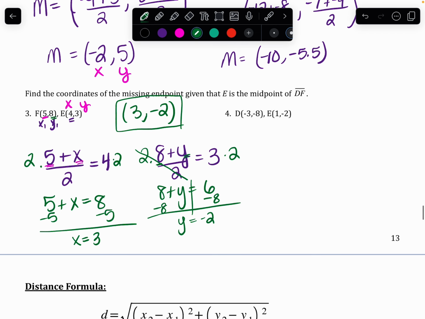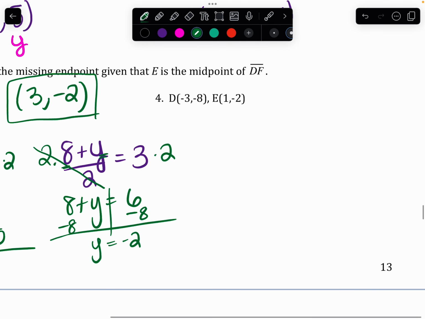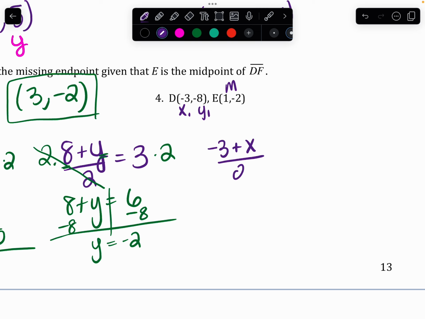So for this one, we're given D, but we're not given F. And so we're going to go ahead and do the same thing. We're going to assume that this is our first x and our first y, and this is our midpoint. So when we take the first x plus our second x, which we don't know, and we divide by 2, we get positive 1, this x over here.